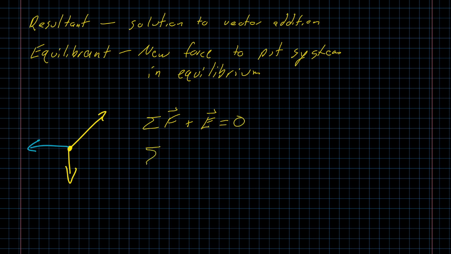Which means that, just doing a little bit of algebra, the equilibrant is the negative of the net force. Just doing a little bit of algebra to rearrange the equation. And the net force is itself the resultant from adding forces together.